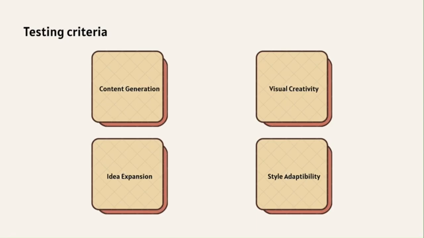The second is visual creativity, that is using the AI assistant to create images, visuals, or design ideas. The third is idea expansion, that is enhancing or brainstorming the user's ideas. The fourth is style adaptability, that is changing the tone of the AI to be reasonable, logical, or any sort of tone.